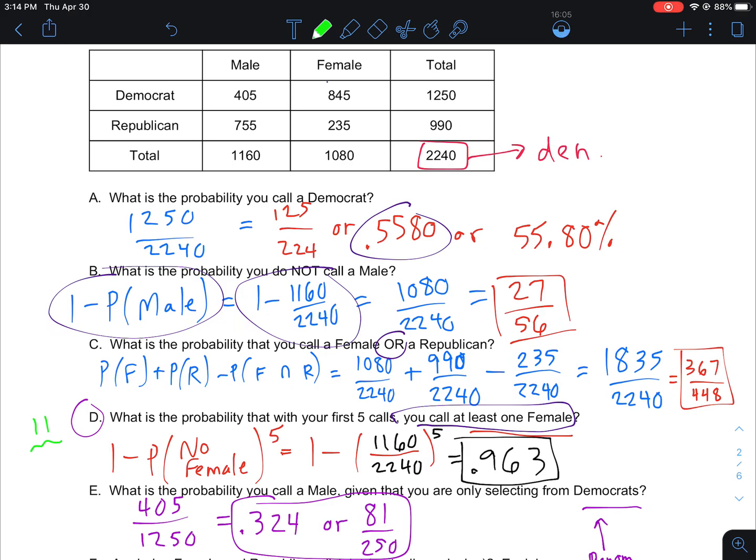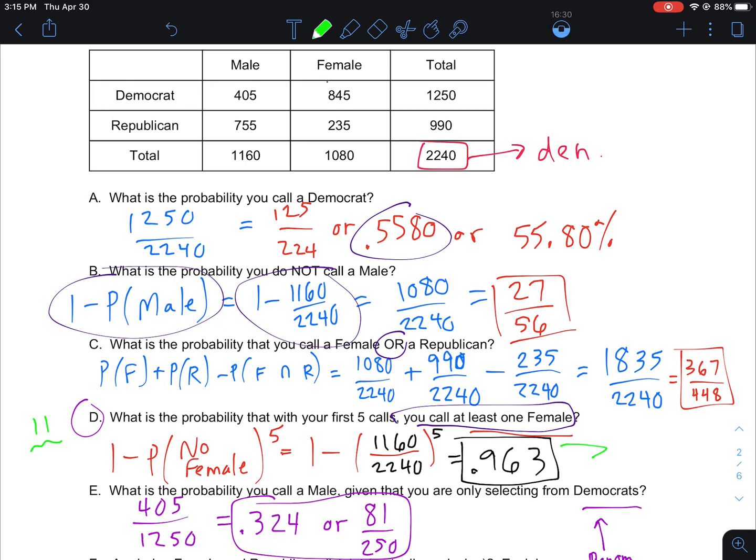But let's say it was just percents. Usually if you're given percents and you don't know the exact count of people that you're dealing with, you might be able to get away with this. So let's just say they tell you whatever this percent is the chance you call a female. What's the probability you call at least one? Remember, that's 1 minus the probability of you not calling a female. That's what I actually circled in green, raised to the 5th power.